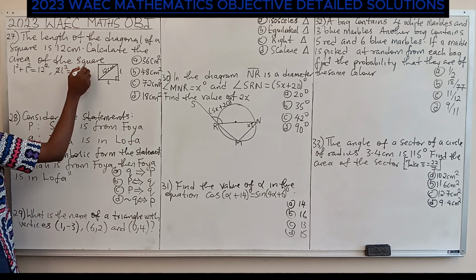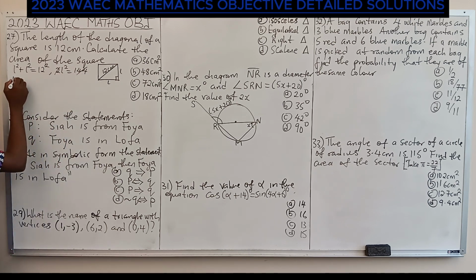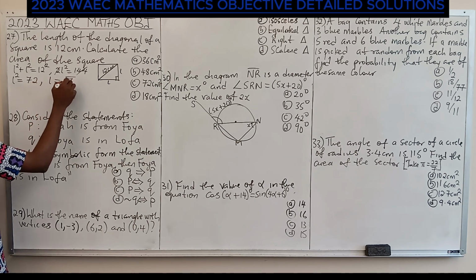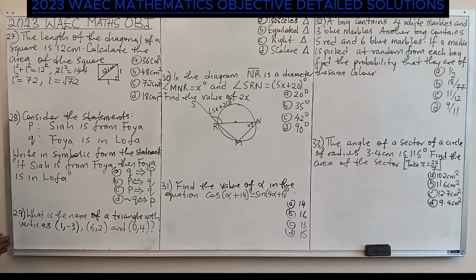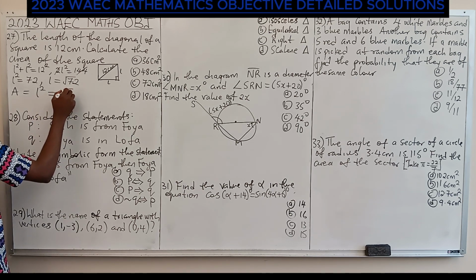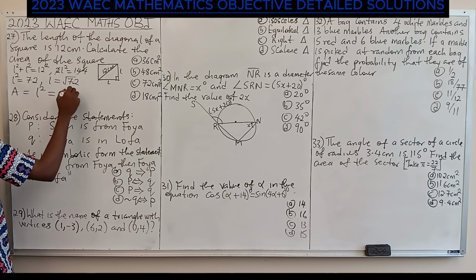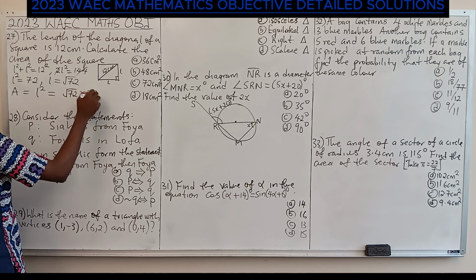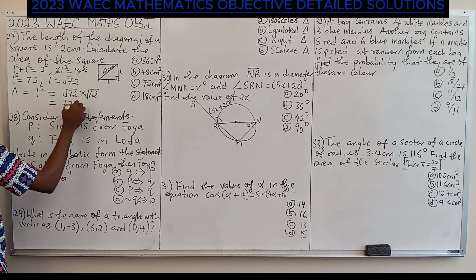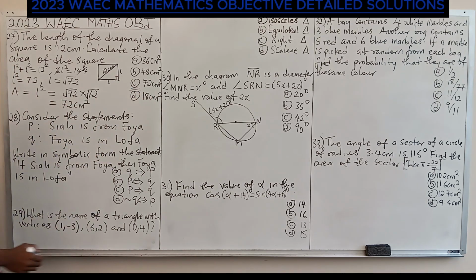So that L square is 72. And if we take the square root, we'll have that L is square root of 72. To find the area of a square, we know that area of a square is L square. So it implies root 72 times root 72, which is 72 centimeters square, which is C.